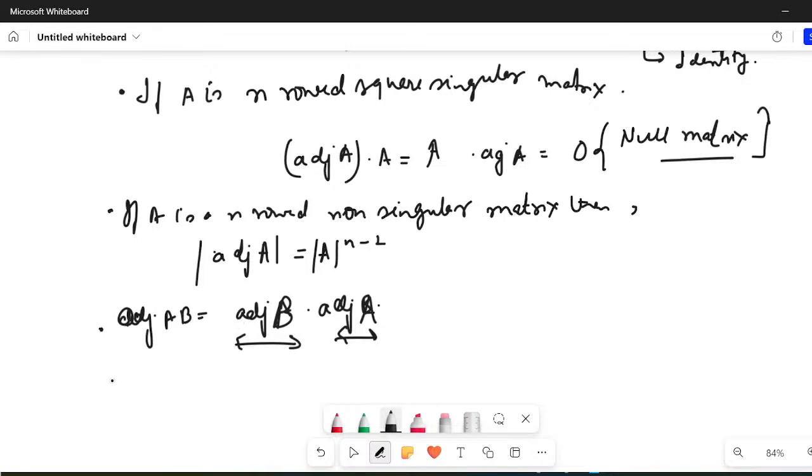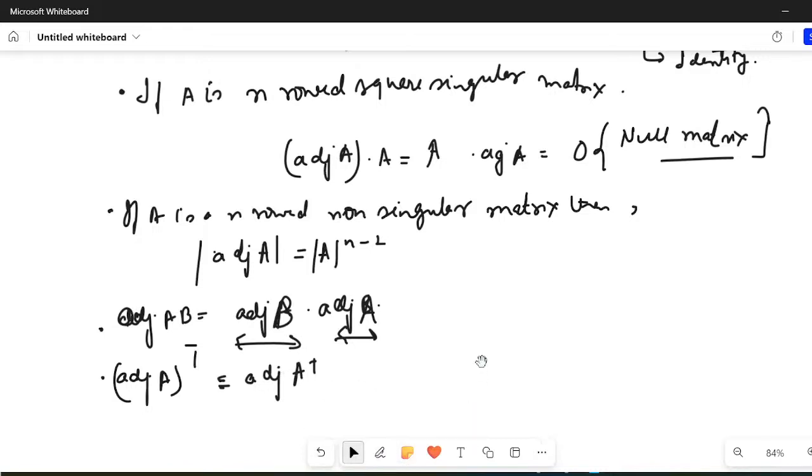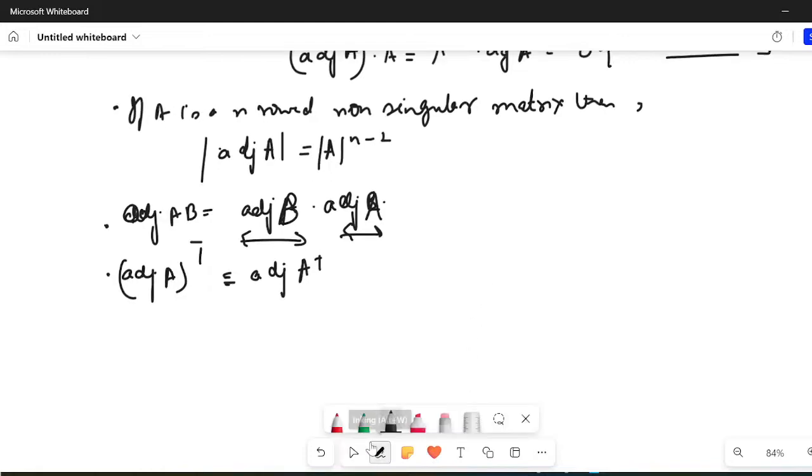If I want to take the transpose, adjoint of A transpose is equal to transpose of adjoint of A. All these things I'm not deriving. I'm just writing it so that whenever you are free, or if somebody from JAM also sees this course, then he's able to take the best out of it.